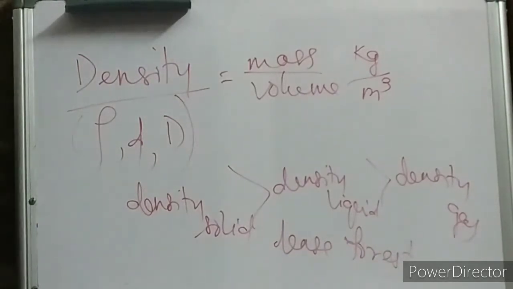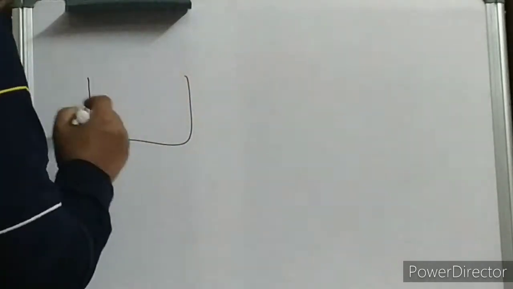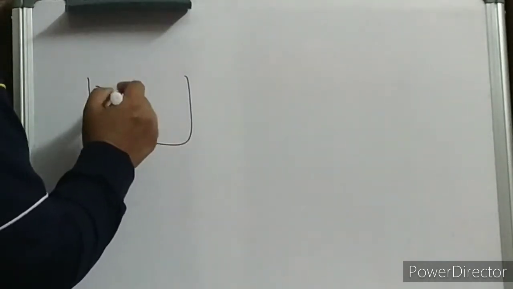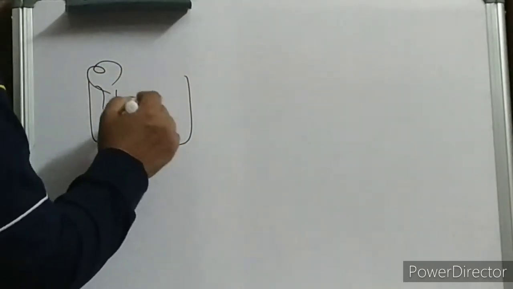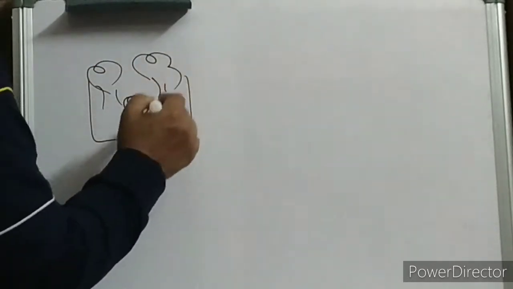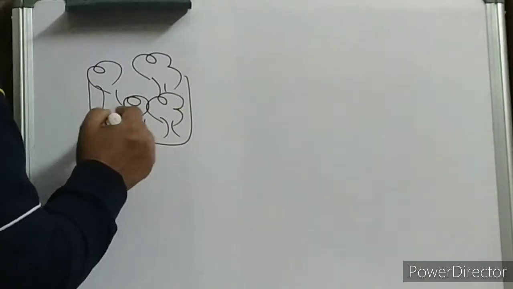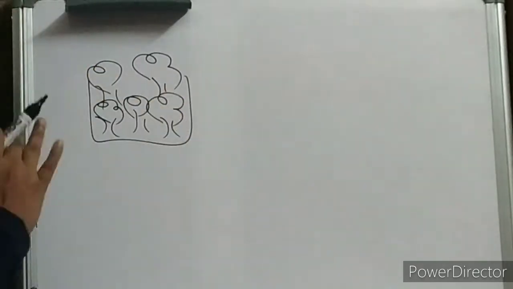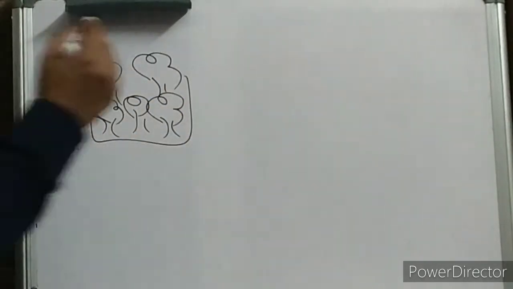Now we'll go a little off from the physics to understand the physics. So now, this is the area. Forest means trees will be there. Suppose this is a forest and this many trees are there.